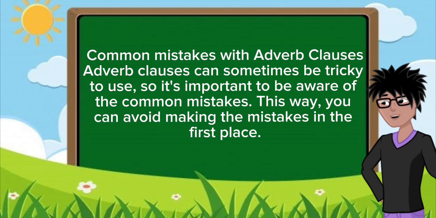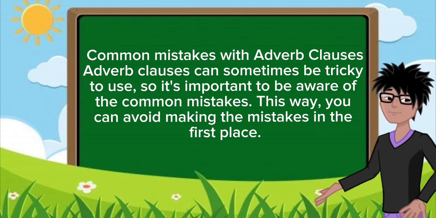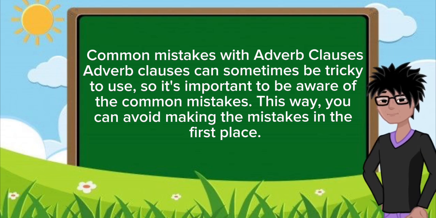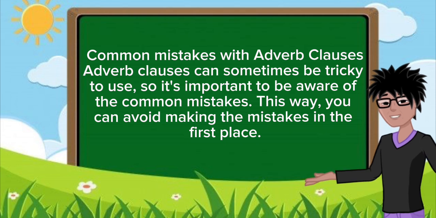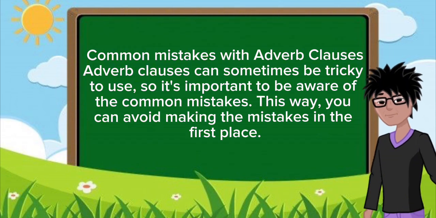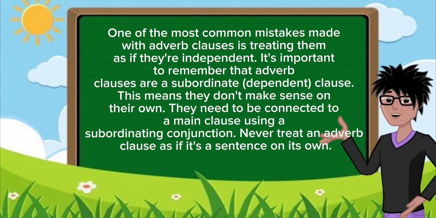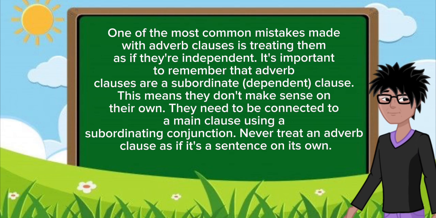Common mistakes with adverb clauses. Adverb clauses can sometimes be tricky to use, so it's important to be aware of the common mistakes. This way, you can avoid making the mistakes in the first place. One of the most common mistakes made with adverb clauses is treating them as if they are independent.